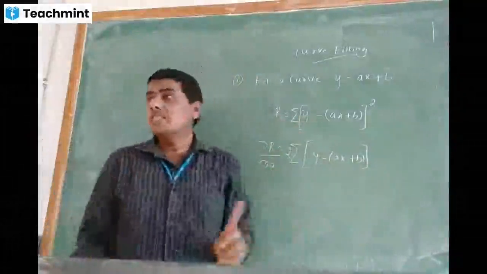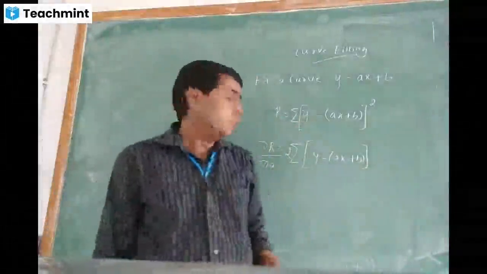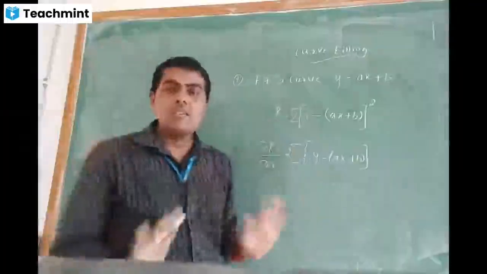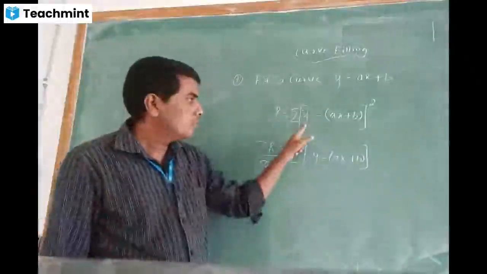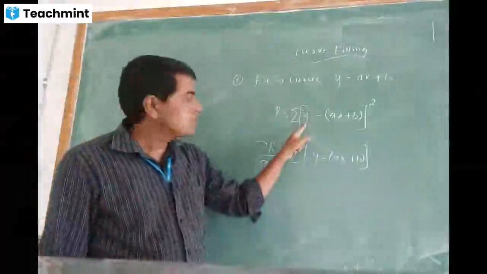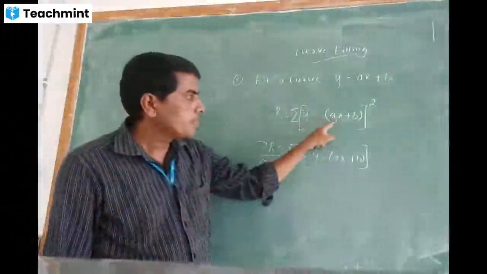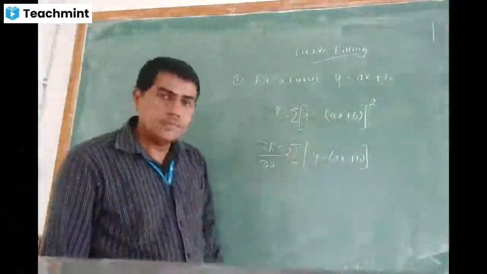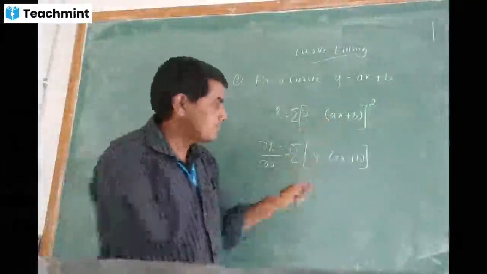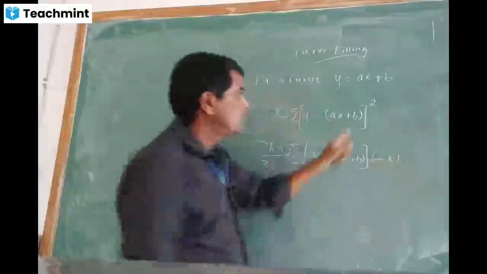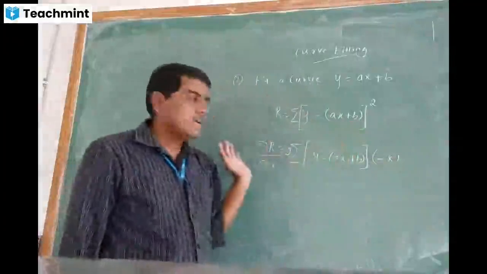Since we are differentiating partially with respect to a, the other terms are constants, so the derivative is minus x. And b is also a constant, so its derivative is 0.